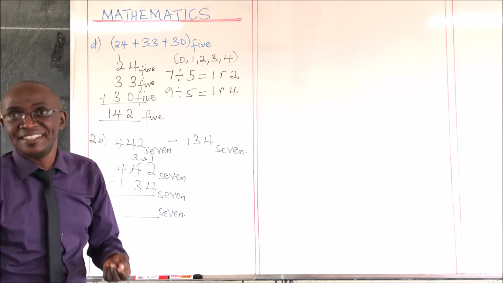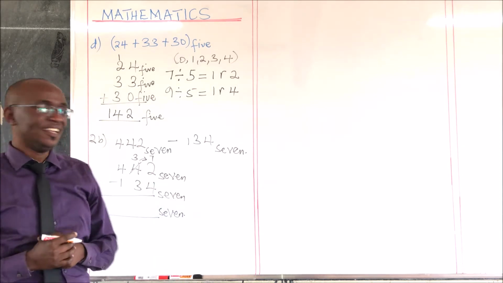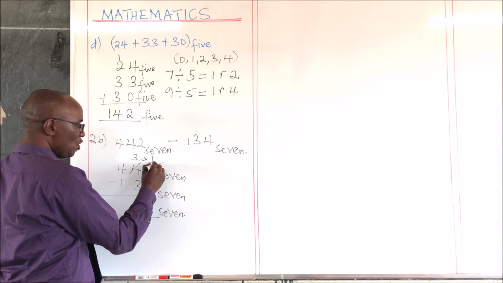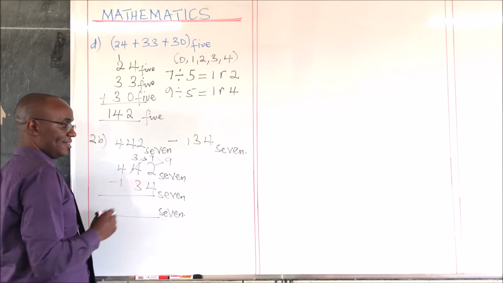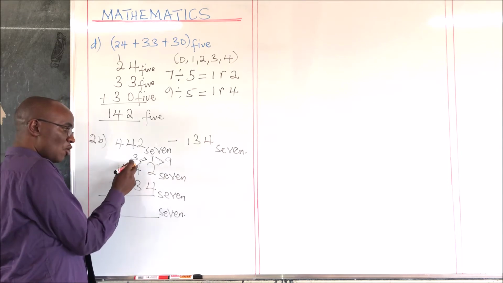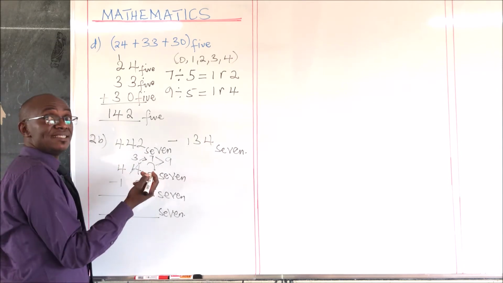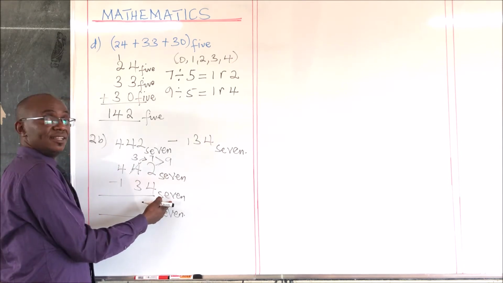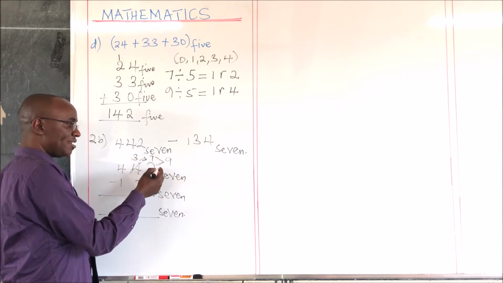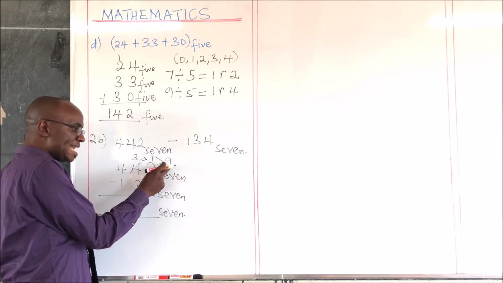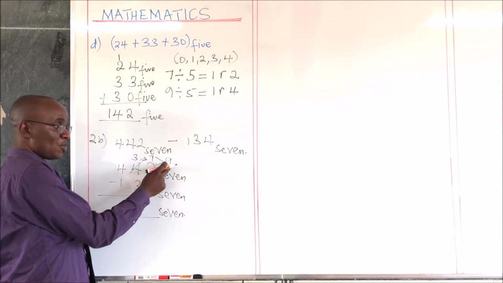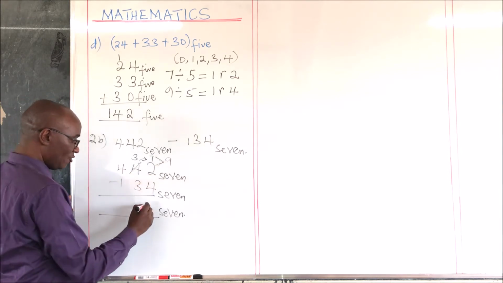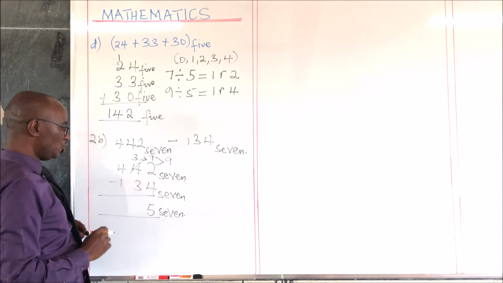You borrow 1, but it contains 7. So when you add 7 to 2, you get 9. 9 take away 4, you get 5.